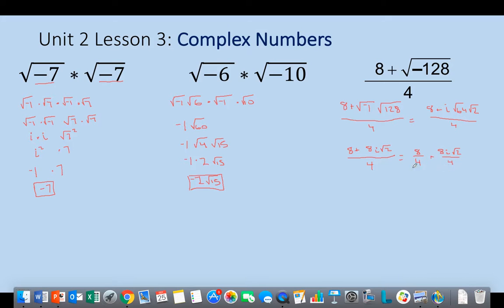Like 8x divided by 4 would just be 2x. So in the end, I've got 8 divided by 4, which is 2, and then 8i divided by 4, which would be 2i. And then, of course, the square root of 2. And we're done. All right, moving on.